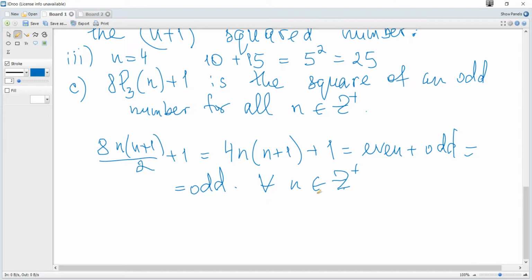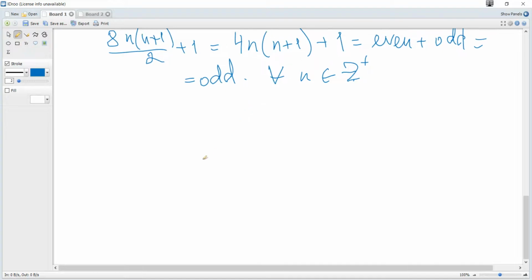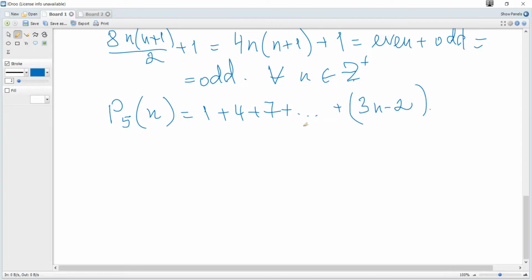The next, the nth pentagonal number can be represented by the arithmetic series P5 of n is 1 plus 4 plus 7 plus so on up to 3n minus 2. What does it mean?